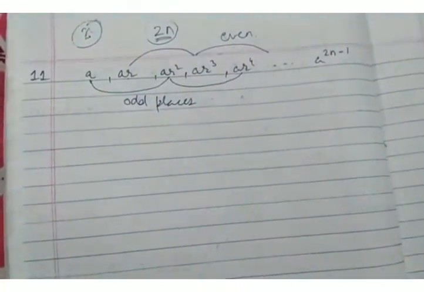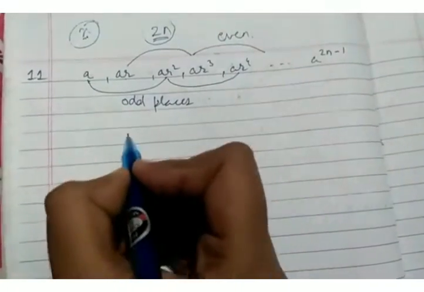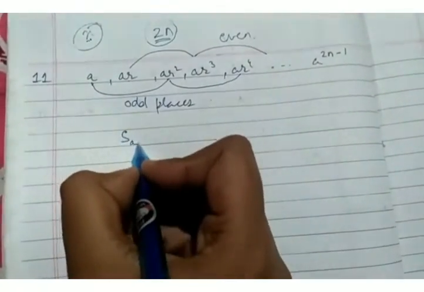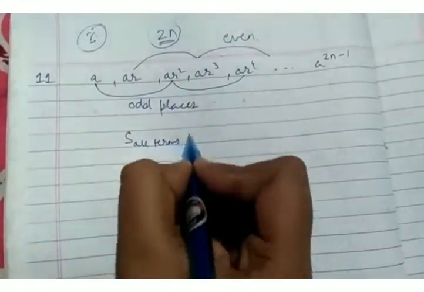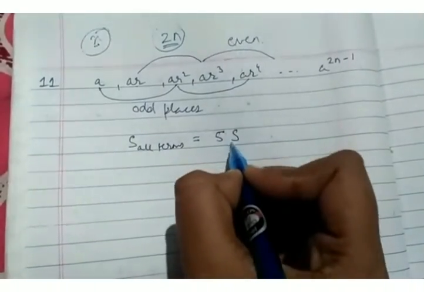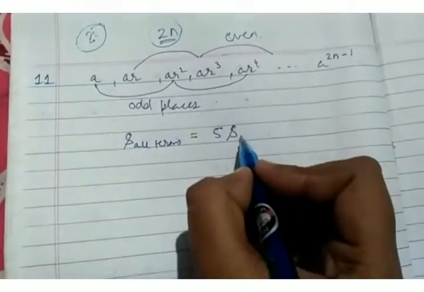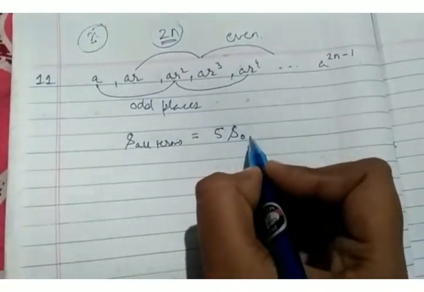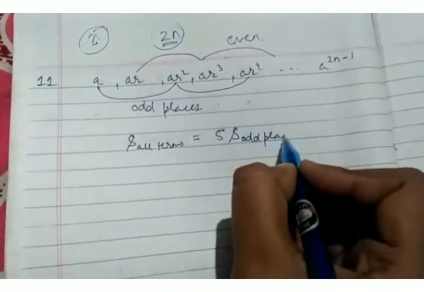Now in the question it is said that the sum of all terms is equal to 5 times the sum of terms occupying the odd places.